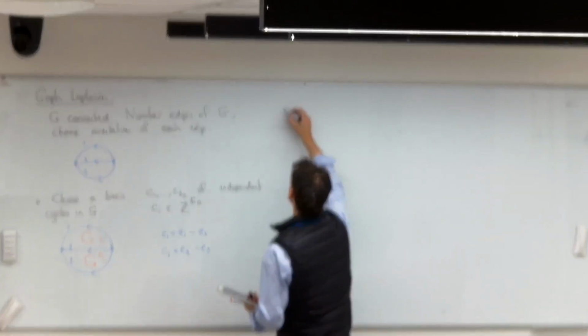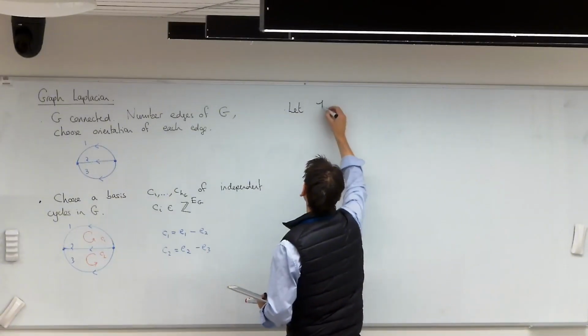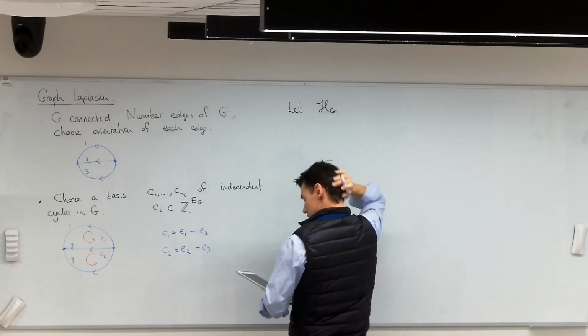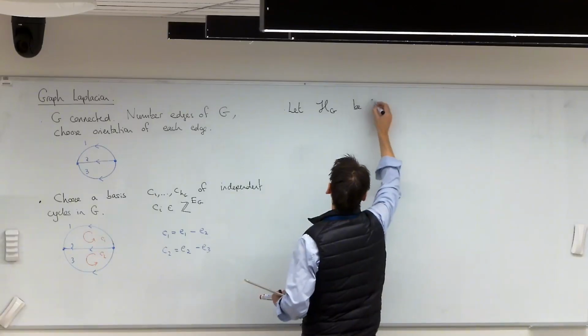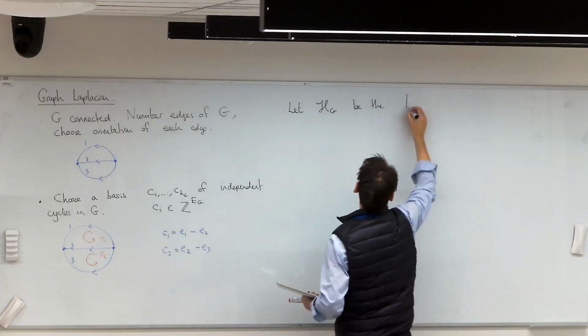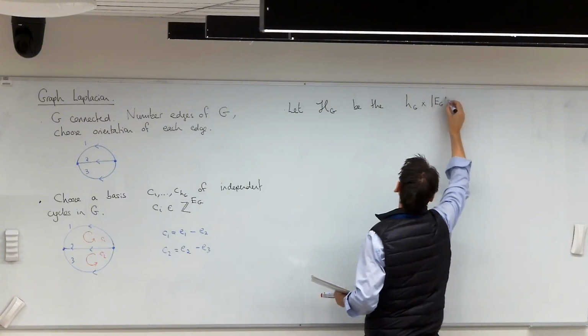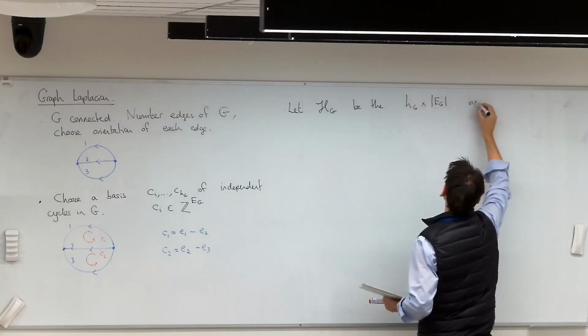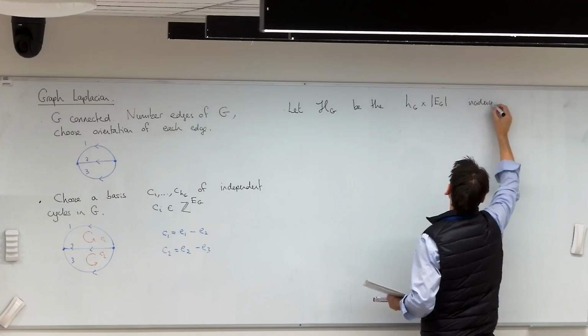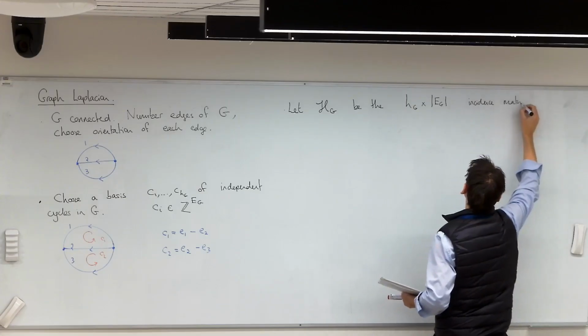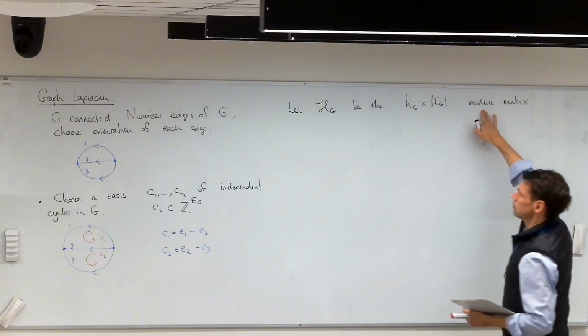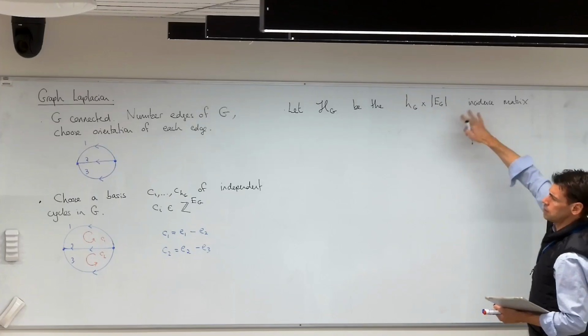Okay, so now we let H_G be the h(G) by number-of-edges incidence matrix. So incidence matrix normally means something slightly different, but it's the same idea.